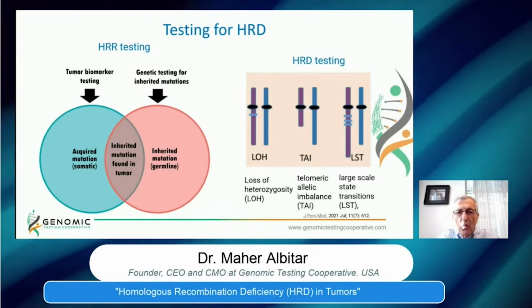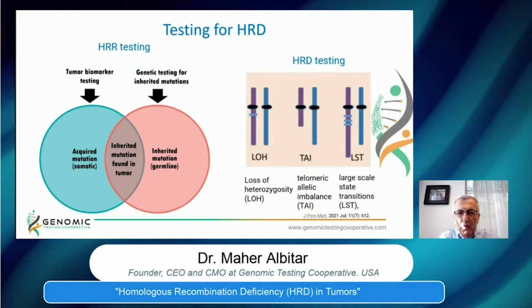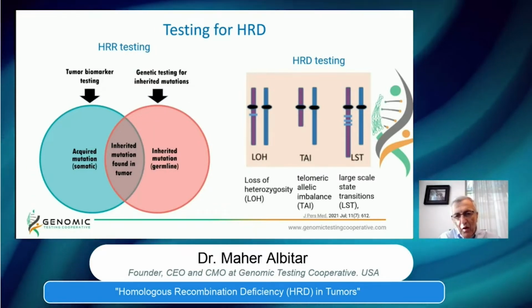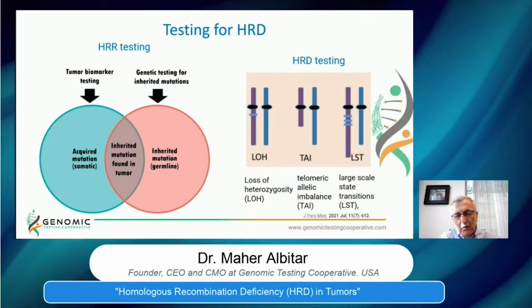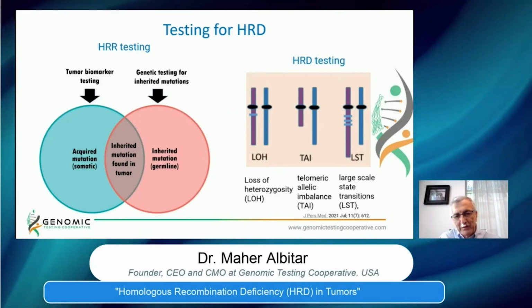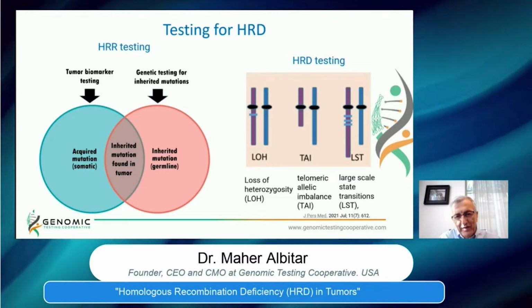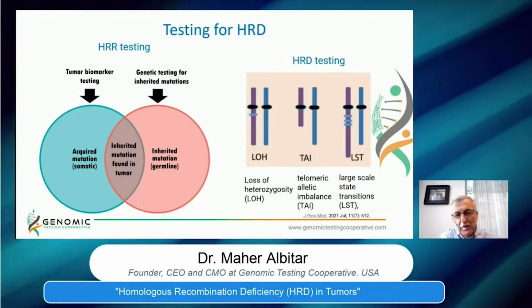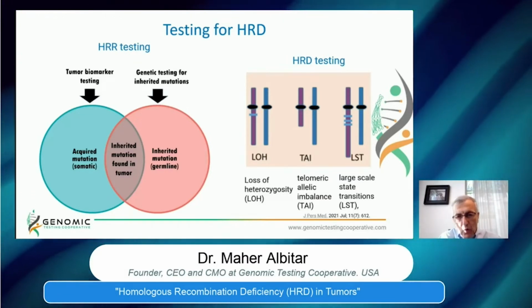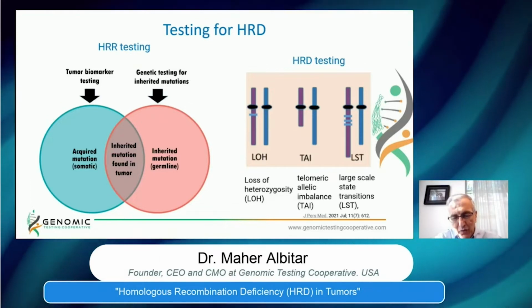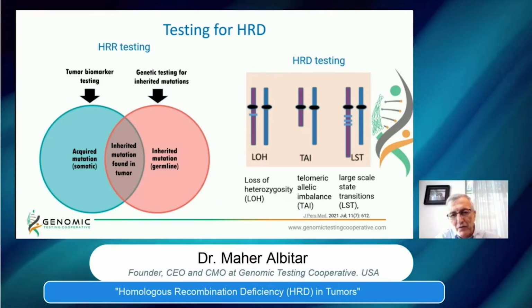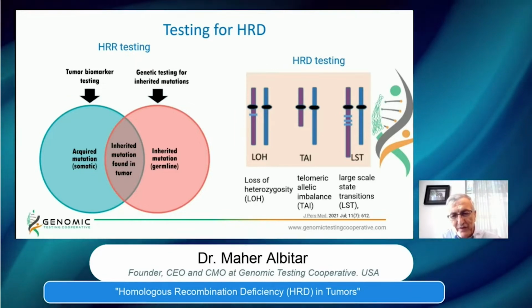or by copy number neutral loss of heterozygosity. That's where the two chromosomes will have the same copy of DNA. So instead of being one from the father and one from the mother, both of them are from the father or the mother, and this is called copy number neutral loss of heterozygosity.